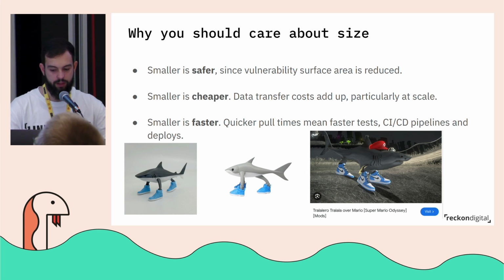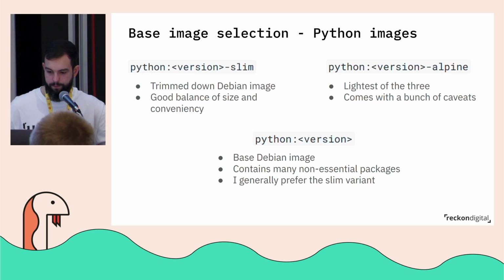It is cheaper and faster to have smaller containers, especially if you're deploying from a registry. Those pull times, if you're deploying a lot of containers, you will start to notice them. The cost is noticeable, especially if you're doing cross availability zone network pulls. And the spin-up time is also relevant, even if it's a relatively small change. So you should care about it.